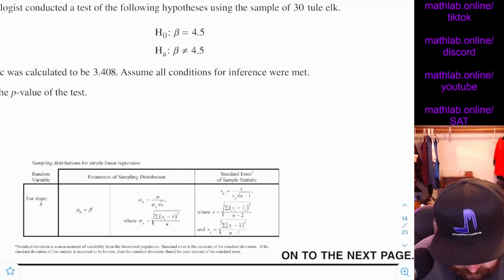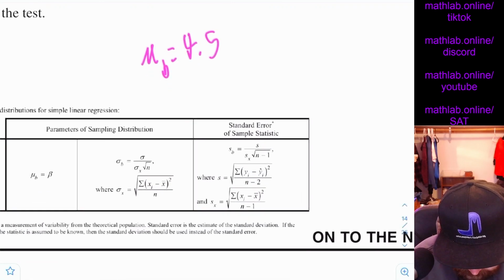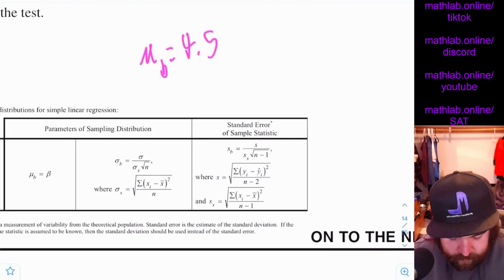So the mean is just the B. Yeah, that makes sense, that the mean of B is 4.5. And then the sampling, that's what we want, is the sampling distribution.